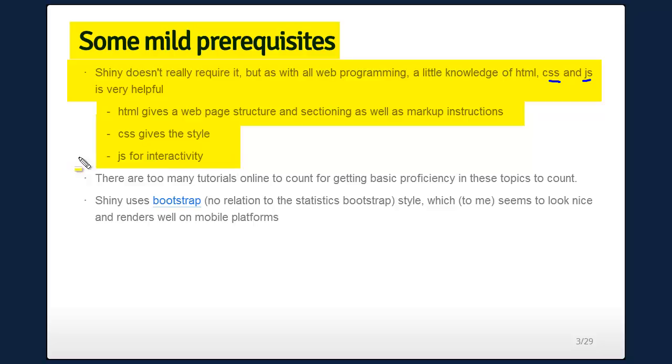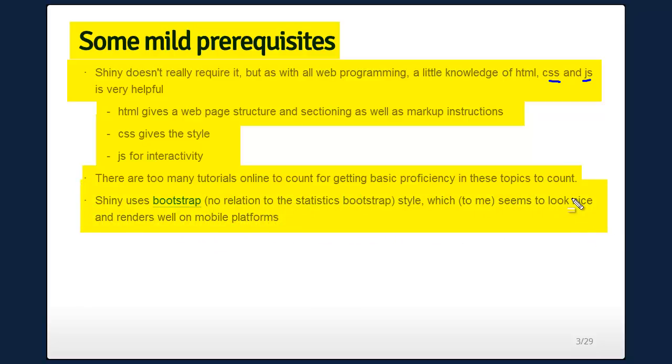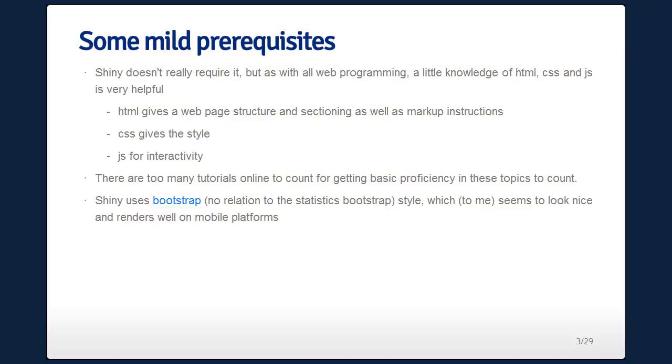Certainly you wouldn't come to us as PhD statisticians to learn about web development, and there are so many tutorials online that you can get from so many places. I would hesitate to even recommend one. The style Shiny uses is the so-called Bootstrap style, which has no relation to the statistics bootstrap, which, as far as I'm concerned, looks nice.